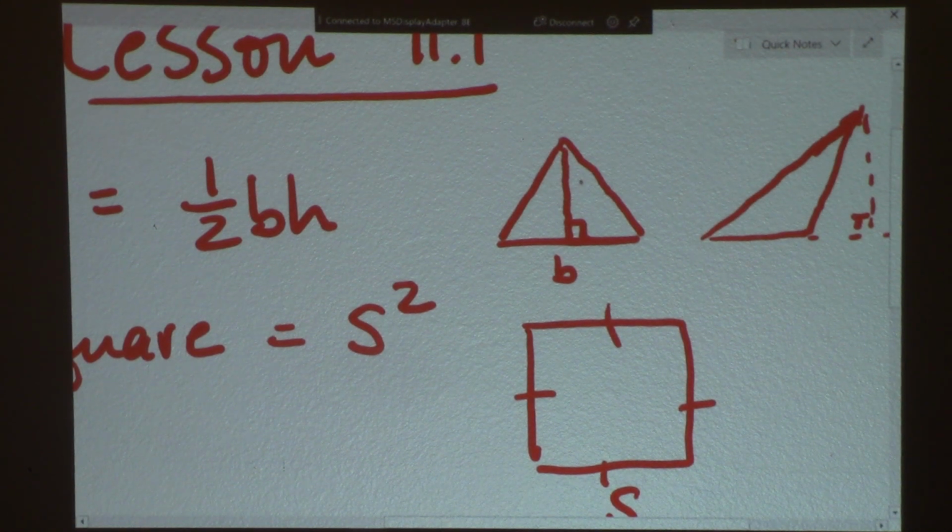So that's going to be right here in this picture. It is not the slant. That is not the height. Not height. Hope you can read that. Okay, so we do not want the slant, only the perpendicular distance.